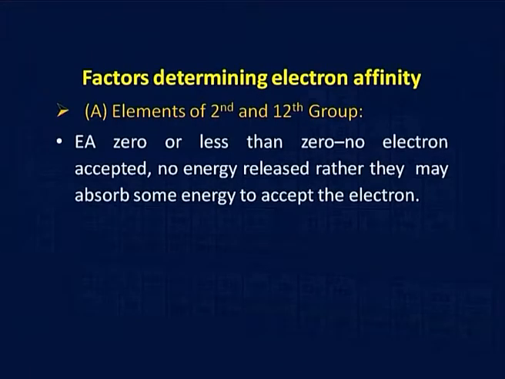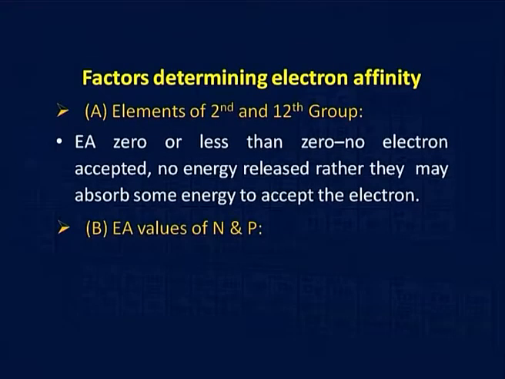So, the electron affinity of these elements of the second group or 12th group is 0 or less than 0, that is, no electron is accepted or no energy is released. Rather, they have a tendency to absorb energy if they have to accept an electron. Therefore, their electron affinity values are almost 0.